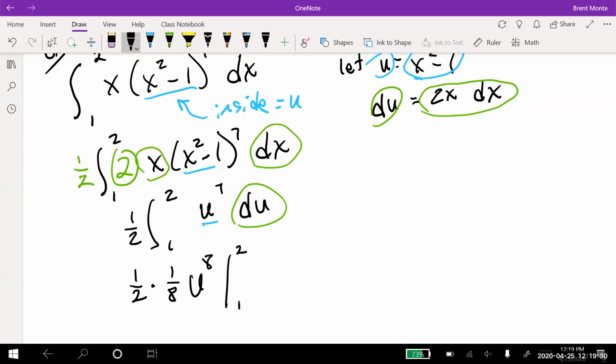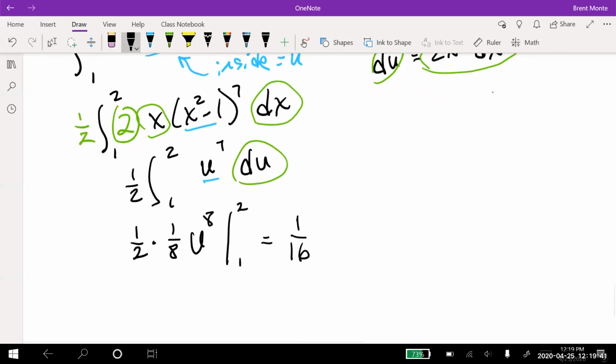So now I'm just going to evaluate that. First, we need to make our substitution. So I have 1/16. It's not u to the 8th, it's x squared minus 1, and that's what I'm integrating from 1 to 2. So now I plug in the 2, then I plug in the 1.